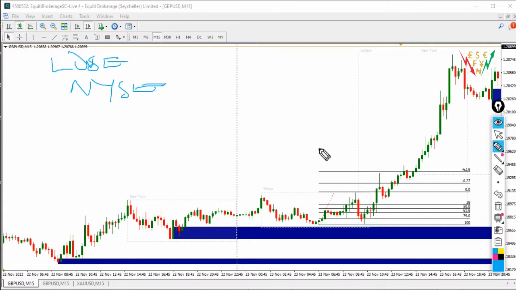So I use my concept and model to look for those particular times when the market will be most active by virtue of trade interactions and speculative trading from these various stock exchanges. That's exactly why I trade the pound USD on these particular trading sessions.